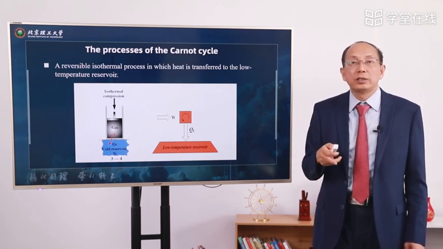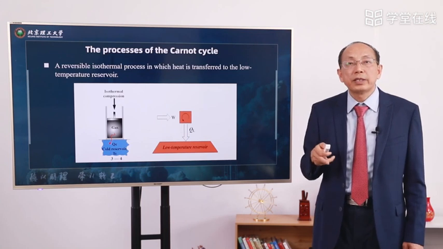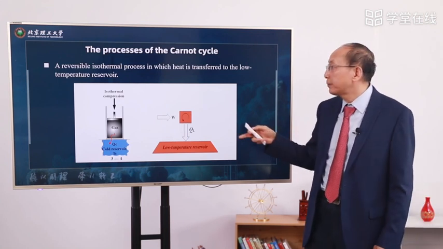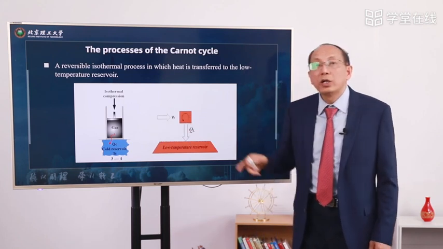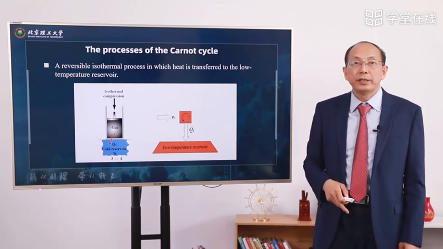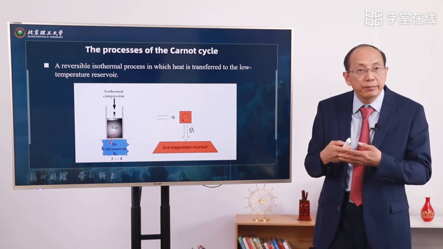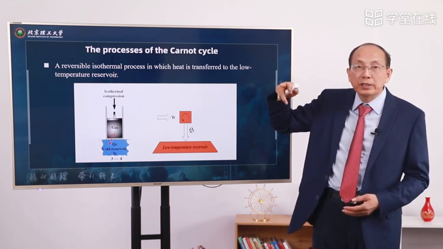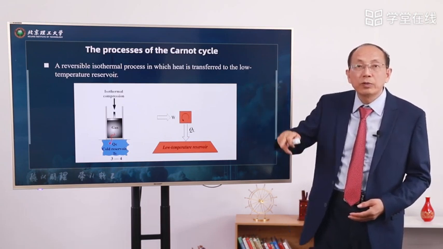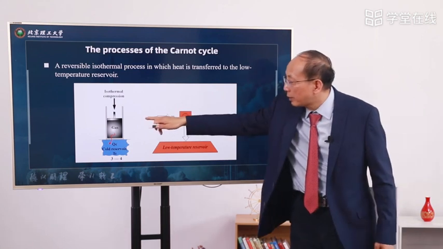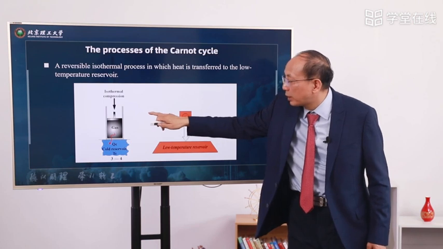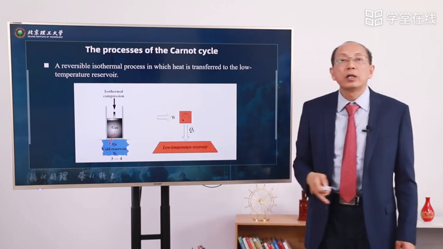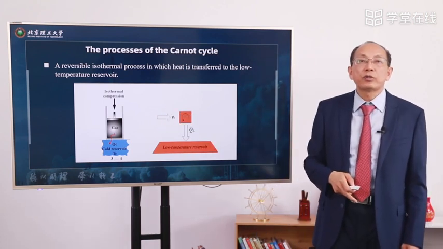Then the piston undergoes the third process. In this process, he lets the piston connect with the cold temperature reservoir. Because the temperature is the same, he compresses very slowly. The heat energy goes out from the piston into the low temperature reservoir.